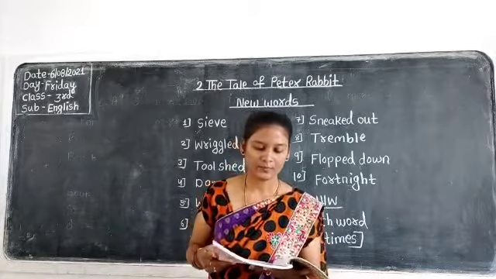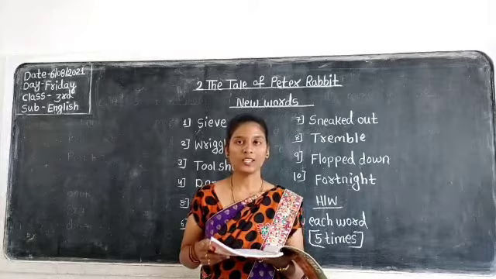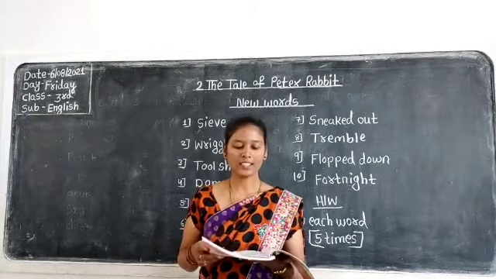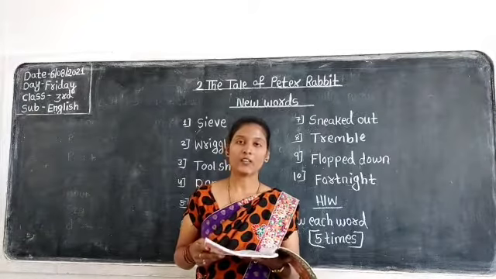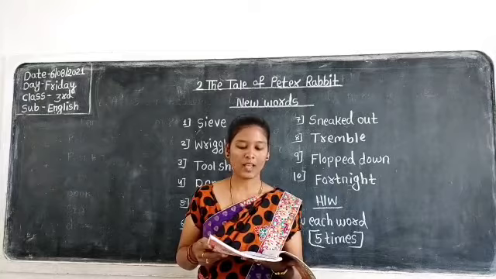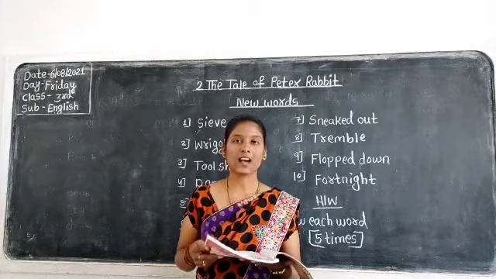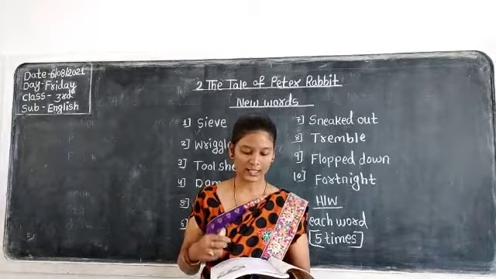So children, Peter began to run on his four legs. He went faster, but unfortunately he ran into a gooseberry net. And he got caught by the large brass buttons on his jacket.